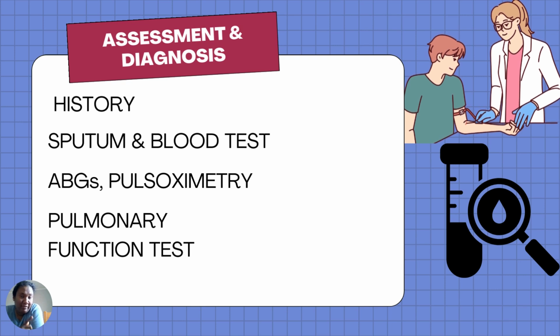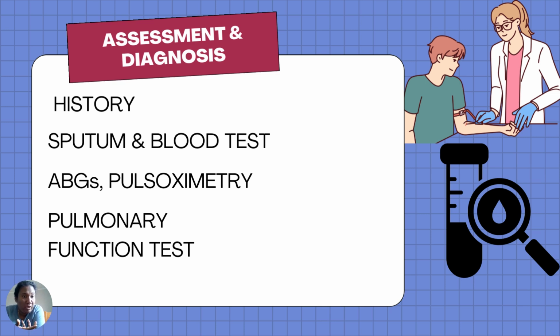So in this slide, we discuss the assessment and diagnosis of the disease. When the doctors take the history of patients, it is going to be a very detailed history that includes the family history, environmental, socioeconomic, and financial history.